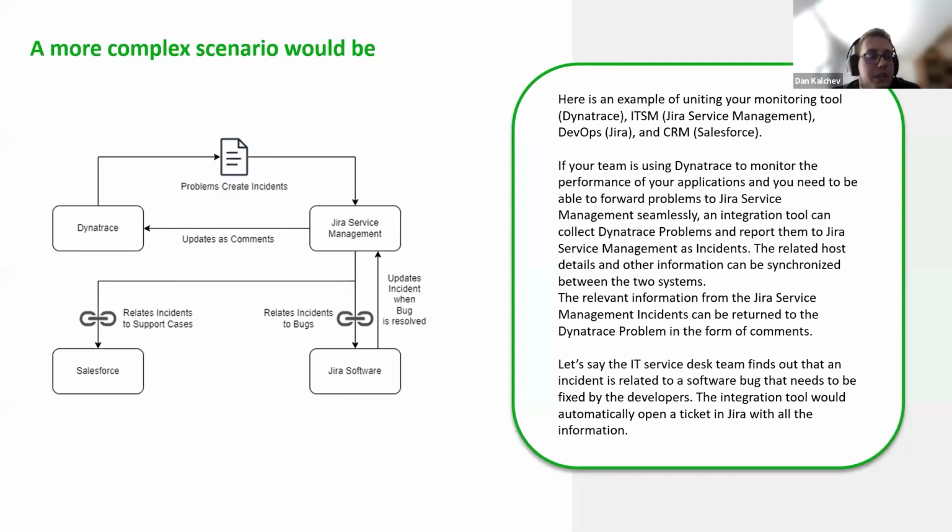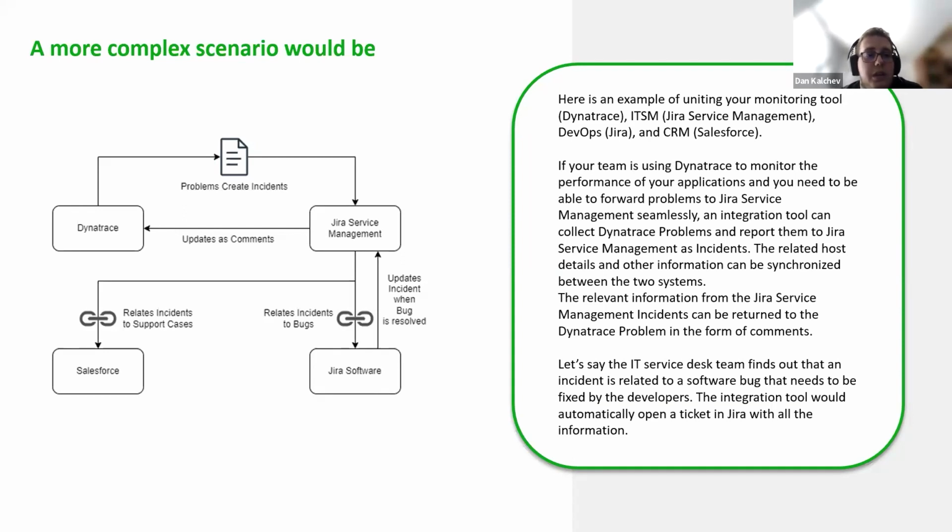If it detects an issue with the application, it will automatically create a problem. The integration is then going to transfer this problem as a problem or an incident in Jira SM, which the team can evaluate, and from this incident or problem, they can open a bug in Jira Software, which will be handled by the developers.